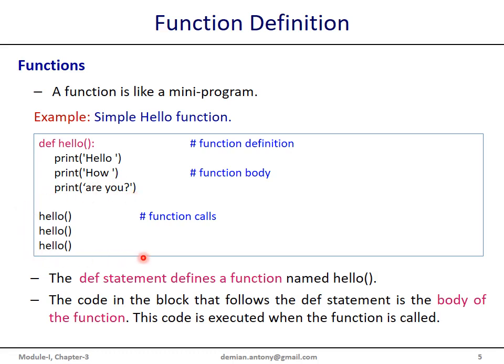In the main program, this is the main segment of the program, we are calling this function with the help of the function name with parameters. Here we have no parameters to be supplied as the definition requires no parameters, and we have called that function in the main 3 times so that you get the result hello, how are you, printed 3 times.